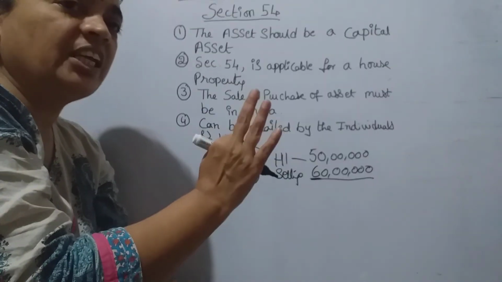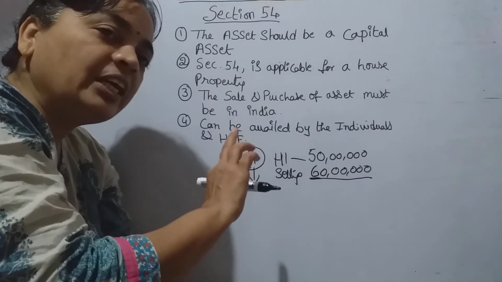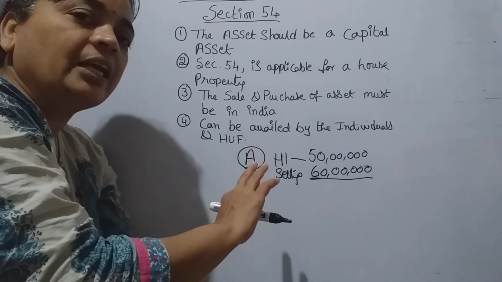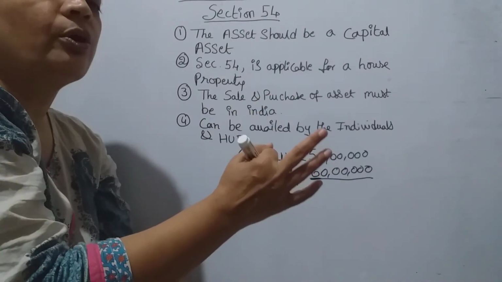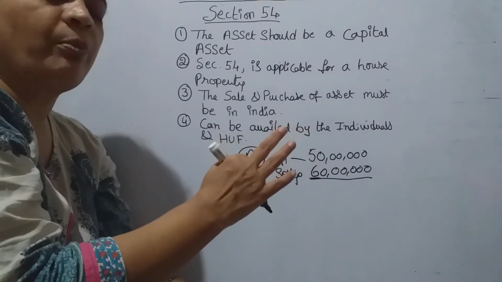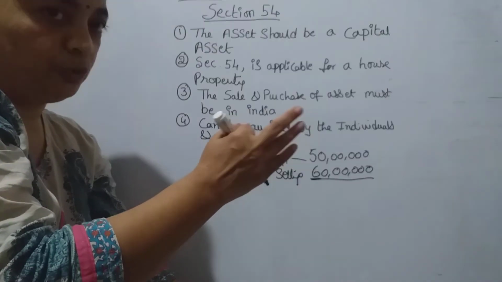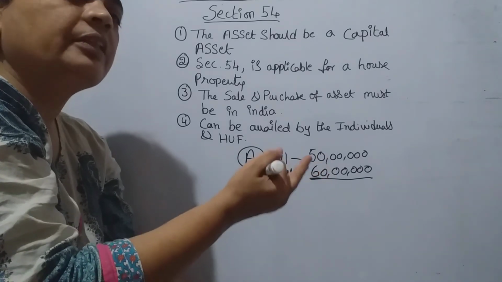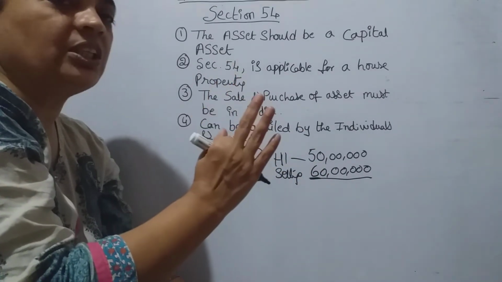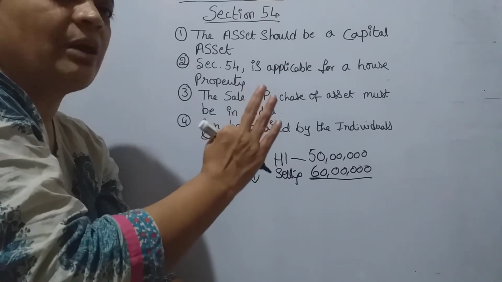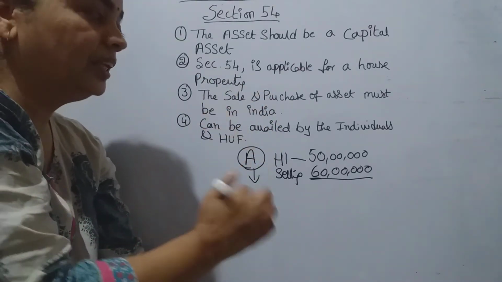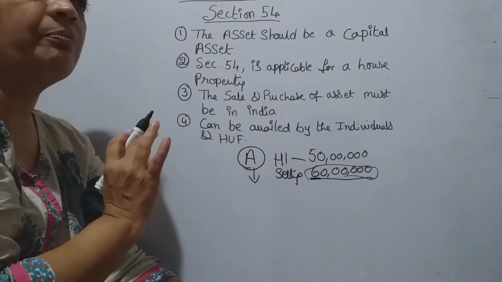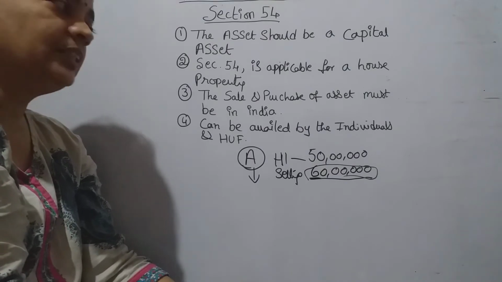If you purchase, then from the date of sale it is 2 years, and if you construct a house it is 3 years, meaning you should complete the construction within 3 years. Then this total 60 lakhs is exempted from tax.